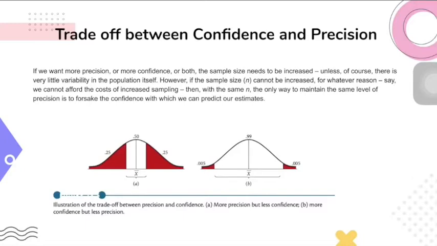The second one is how much confidence is really needed, that is, how much chance can we take of making errors in estimating the population parameters. The third one is to what extent is the variability in the population on the characteristic investigated. And the last one is what is the cost-benefit analysis of increasing the sample size.